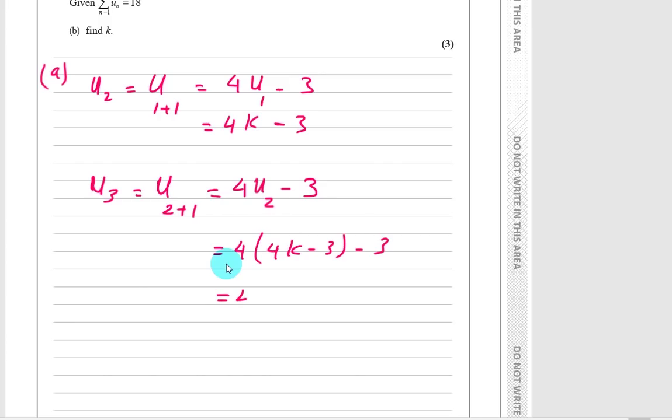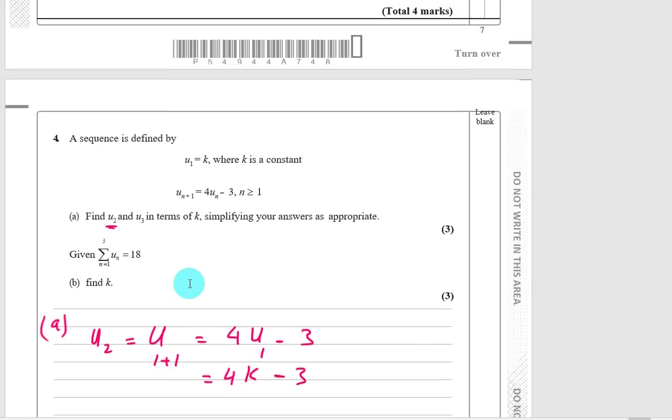So it equals 4 times 4k minus 12 minus 3. So it is equal to 16k minus 15. This is u3 and u2.